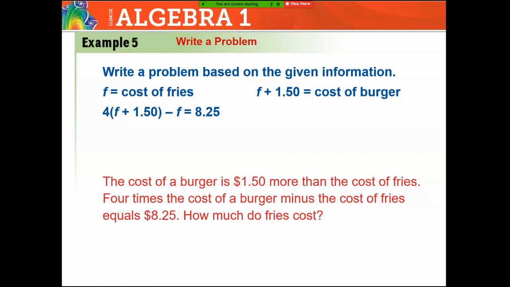To make it a problem, it has to ask a question. So I want to know, how much do fries cost? Because if I know how much the fries cost, then I know how much a burger costs.